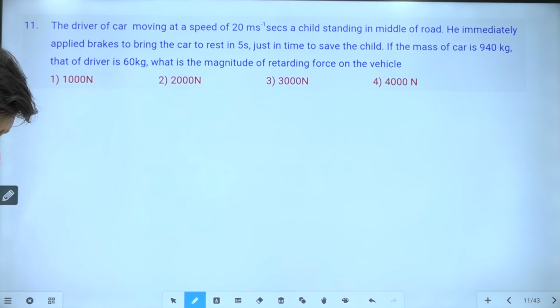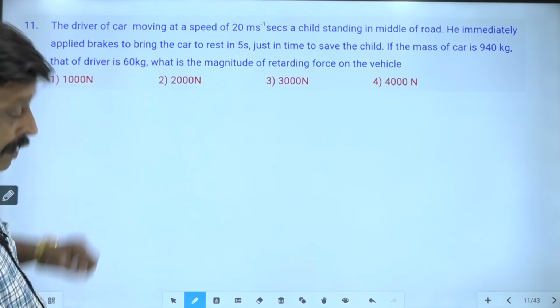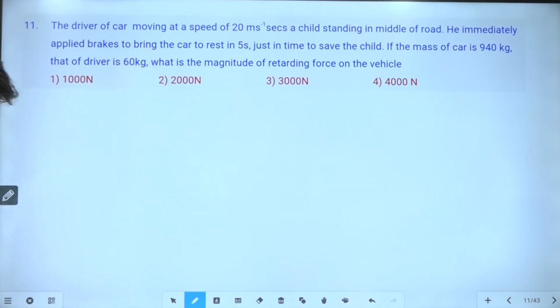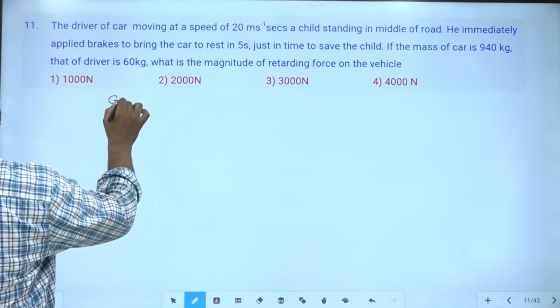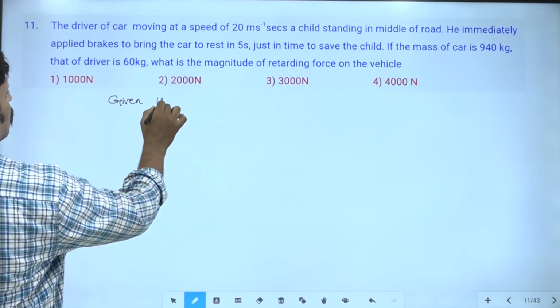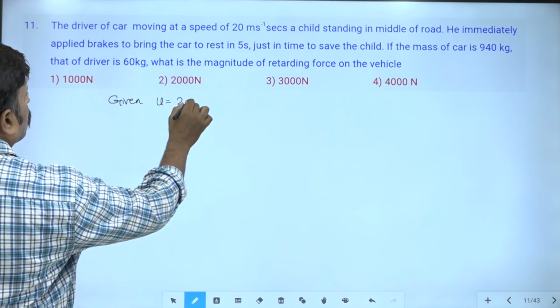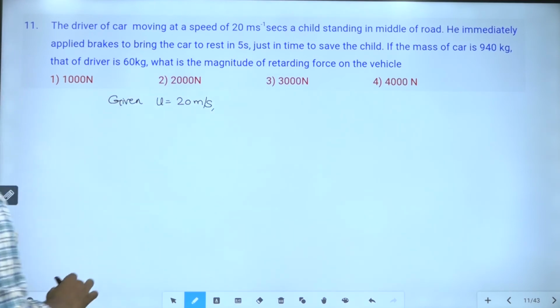Okay, see here. A car moving at 20 meters per second sees a child in the middle of the road. Given: initial velocity is 20 meters per second.